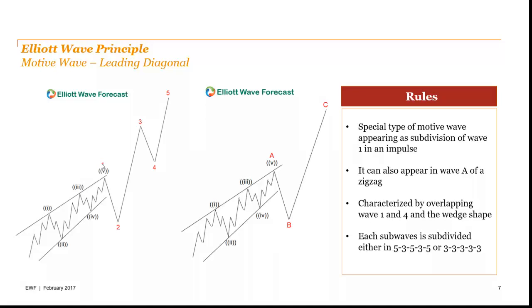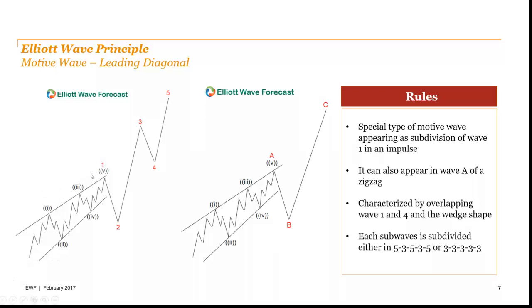If that 1, 2, 3, 4, 5 fits within wave 1 of a higher degree, then that's okay. That means it's a diagonal. A diagonal can happen within wave 1 or within wave 5. If it happens within wave 1, it's called a leading diagonal. If it happens within wave 5, it's called an ending diagonal.